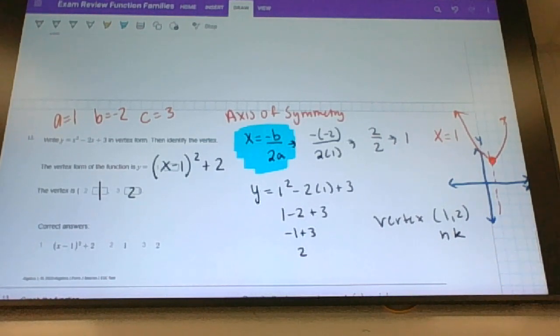I'm pretty sure that's vertex form. It just doesn't say vertex form. Yes, ma'am. It's f(x) equals ax squared plus bx plus c.